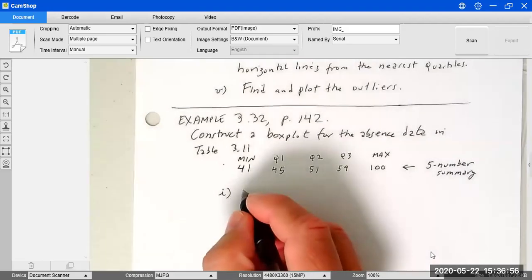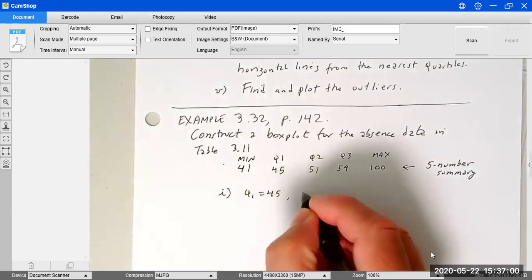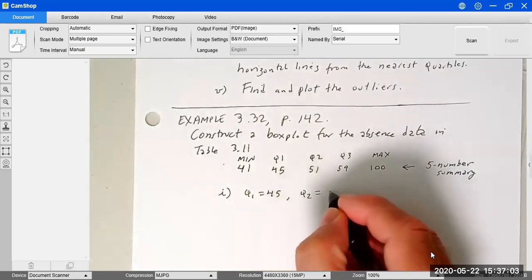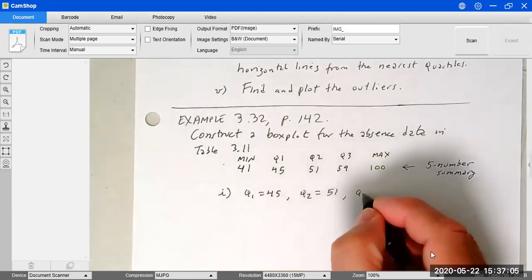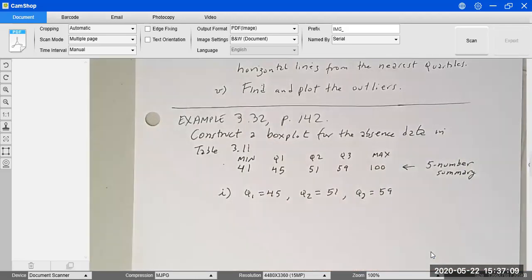So we have Q1 equals 45, Q2 equals 51, and Q3 equals 59. Then the next step is we're going to draw vertical lines.